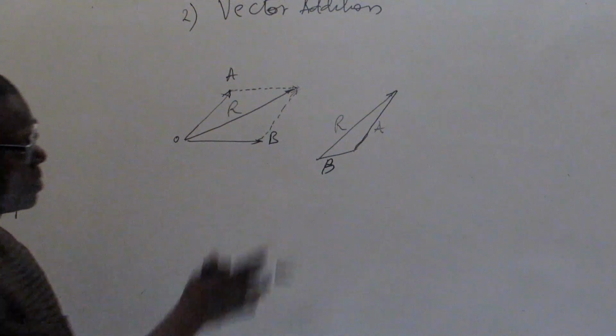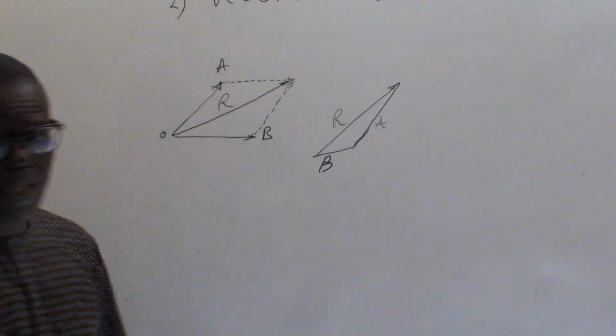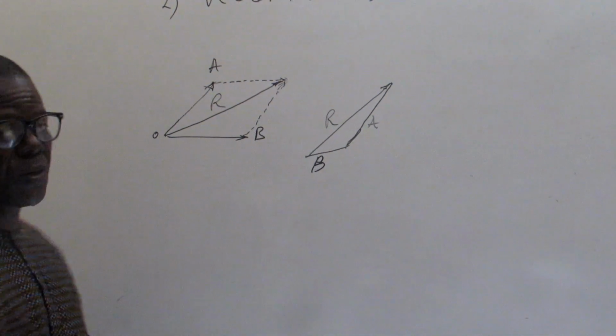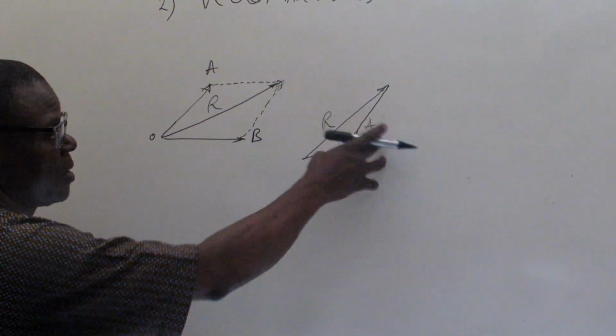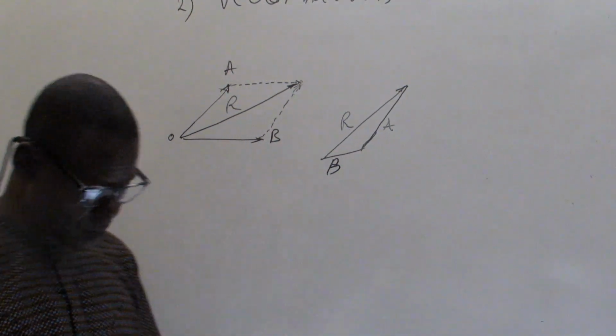We use either the sine rule to get the resultant or the cosine rule, depending on the available data.